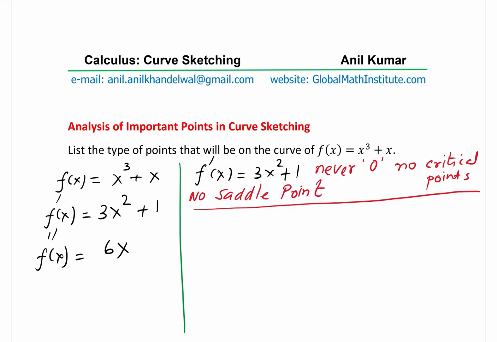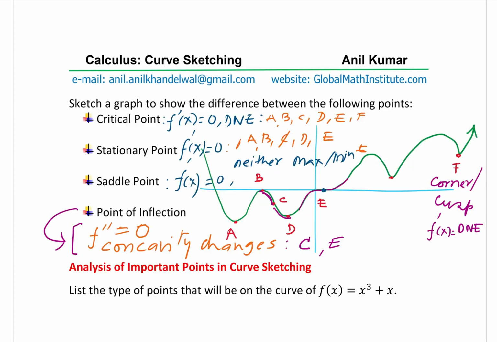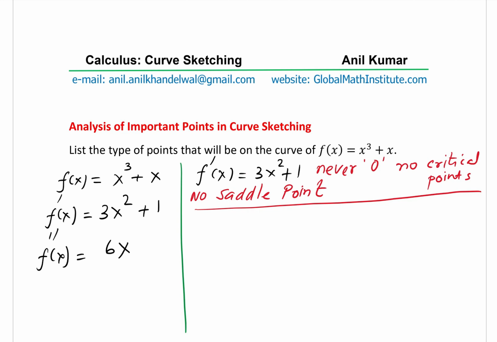Do you get the idea? Let's get back to the definition. Here we were saying a saddle point should have first derivative as 0. That condition should be met. So what do you see here? Since the first derivative is not 0, we do not have any saddle point. Clear?